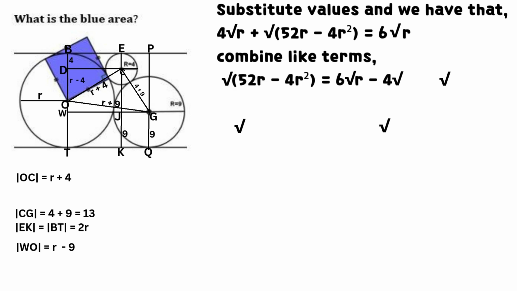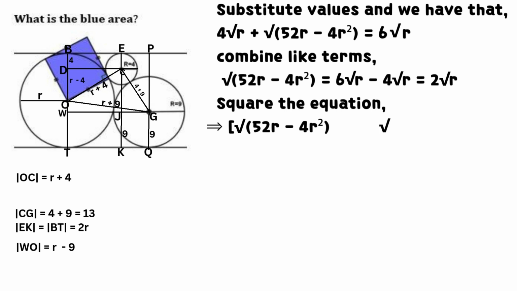Substitute values and we have that the sum of 4 times the square root of R and the square root of 52 times R minus 4 times the square of R equals 6 times the square root of R.